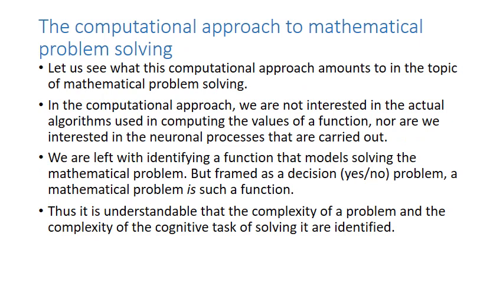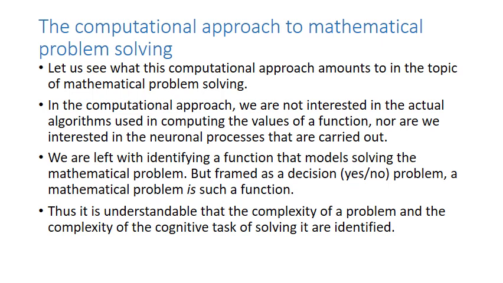So, what does this mean when it comes to the particular question of mathematical problem solving? Well, in the computational approach, as defined, we are not interested in the actual algorithms that are used in computing the values of a function, nor are we interested in the neuronal processes that are carried out. So what is left is identifying a function that models solving the mathematical problem.